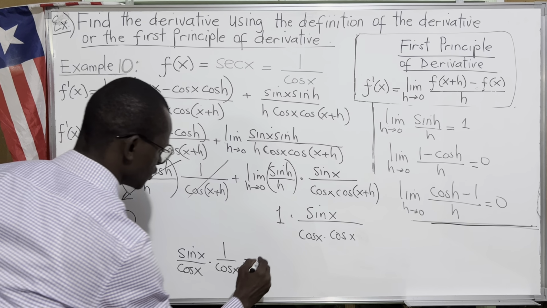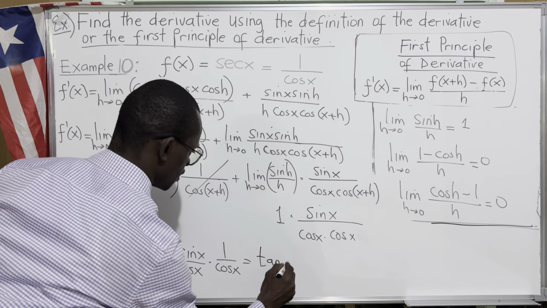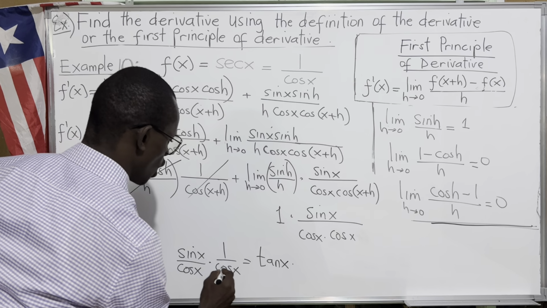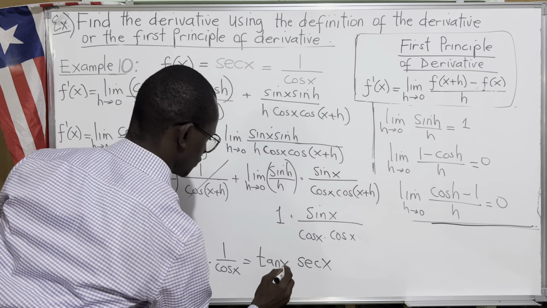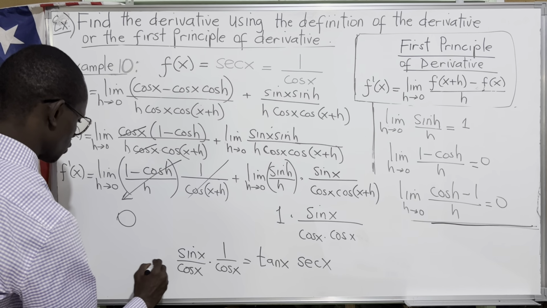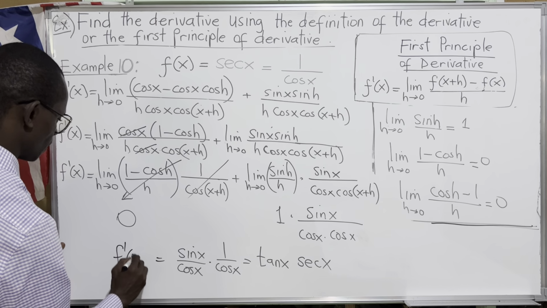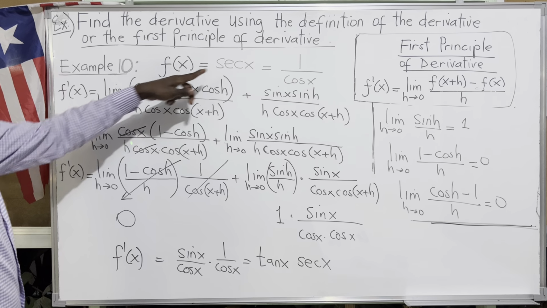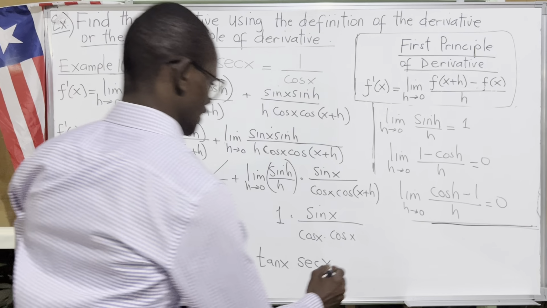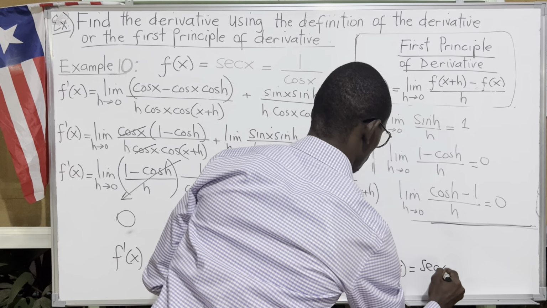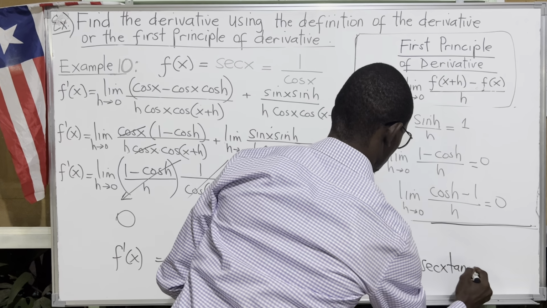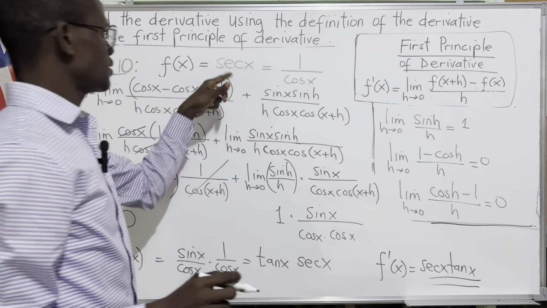So sine over cos is tangent of x, and then 1 all over cos is secant of x. So the derivative of secant is equal to secant of x tangent of x. That is the derivative of secant.